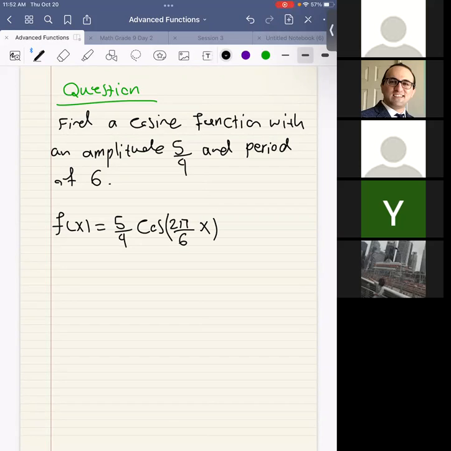You remember, in general, if the period is T, then you have cosine of 2 pi over T x. But here the period is 6, so you would get 2 pi over 6.